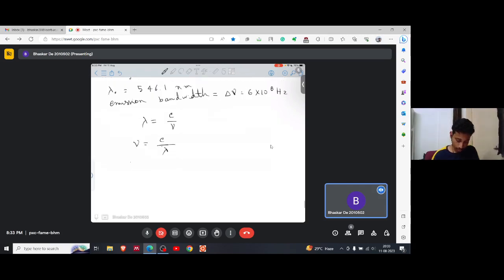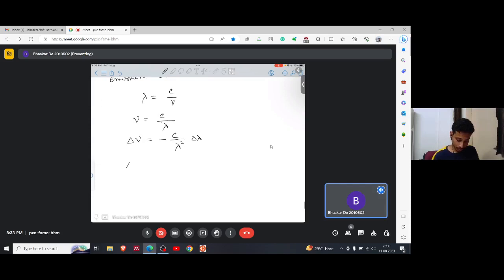So basically delta nu equal to minus c by lambda square delta lambda. From there we can calculate delta lambda is equal to lambda square delta nu by c.